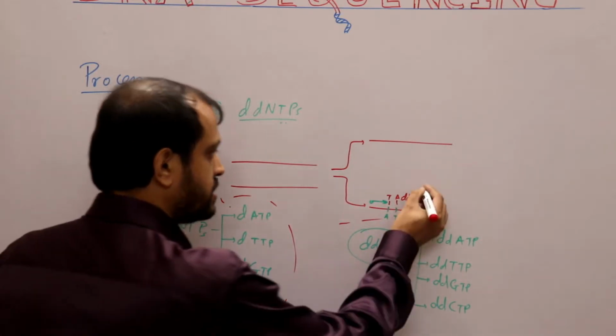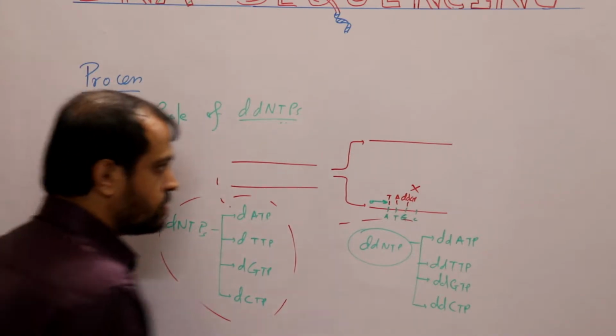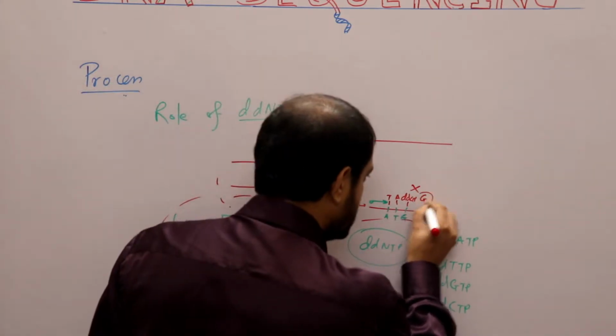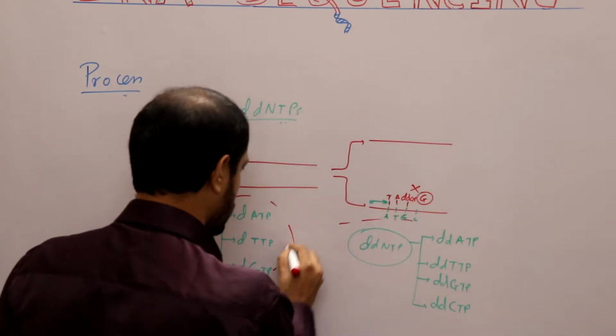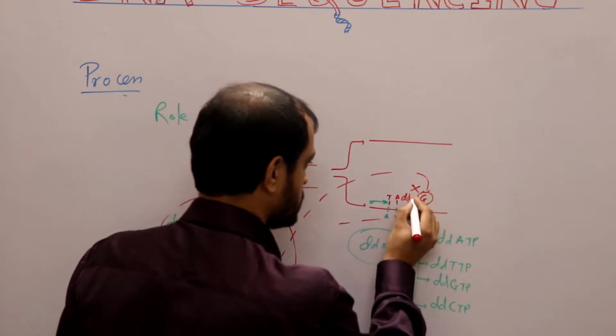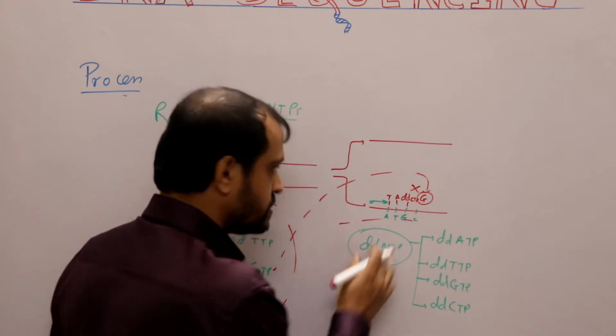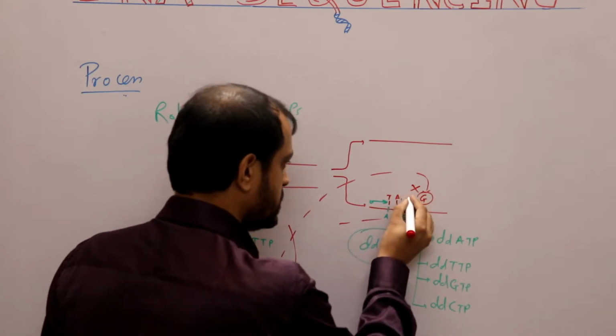Then and there the reaction will stop. Why? Because for addition of a normal G, here should be a C, no?